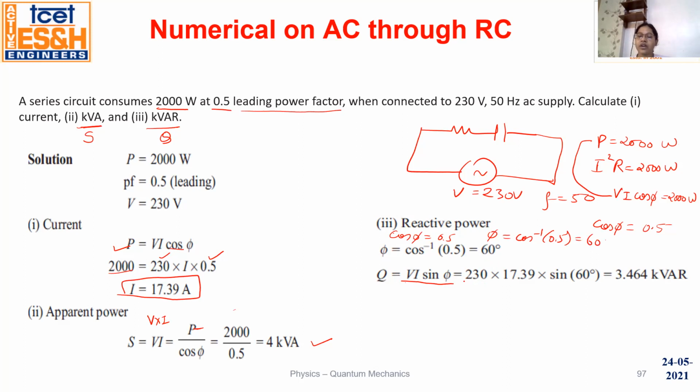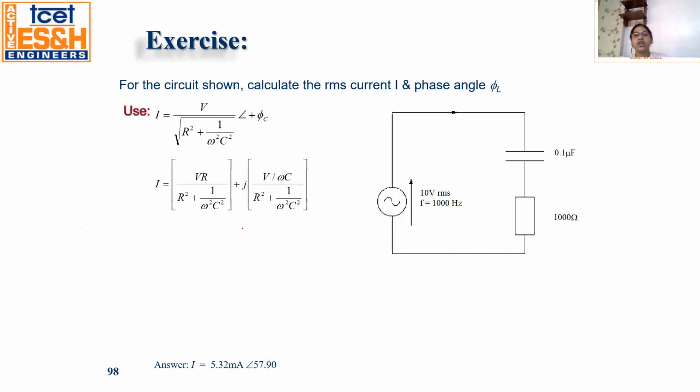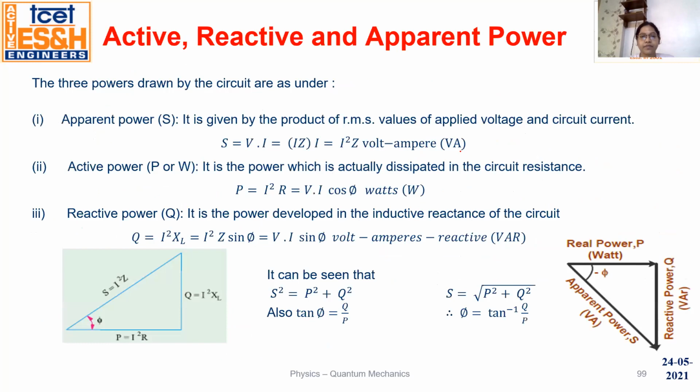So you write here 230 as the voltage, and the current we found from this equation is 17.39. With sin 60, this is equal to 3.464 kVAR. So this is the reactive power. In this way, you can calculate the active and reactive power in the circuit. And this numerical is for you for practice.